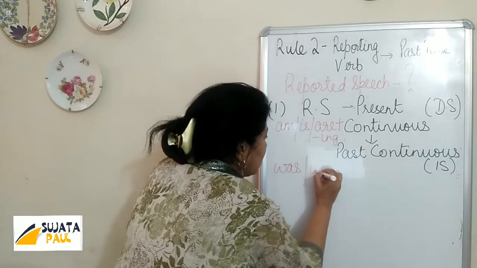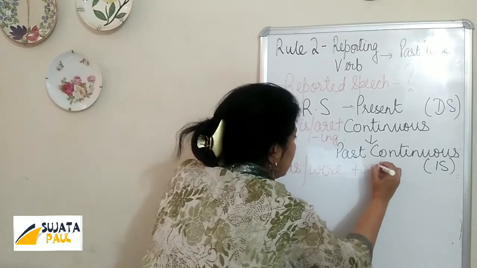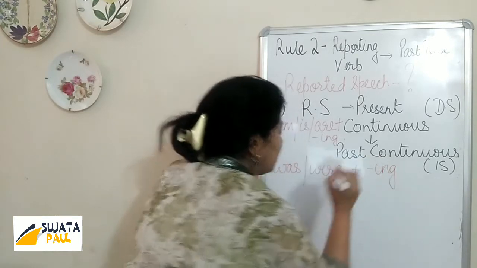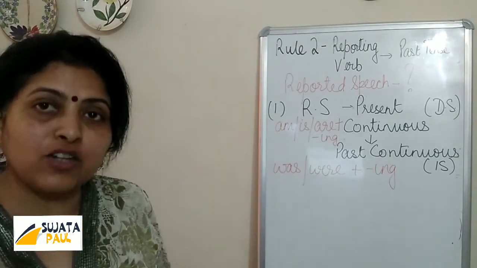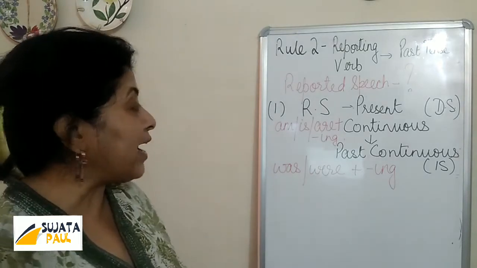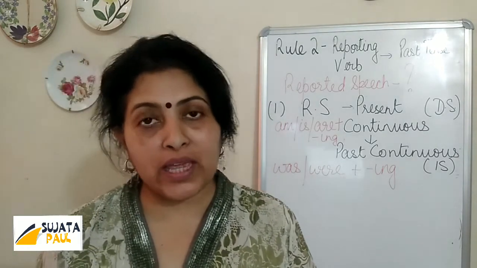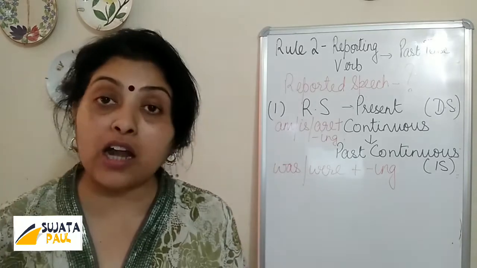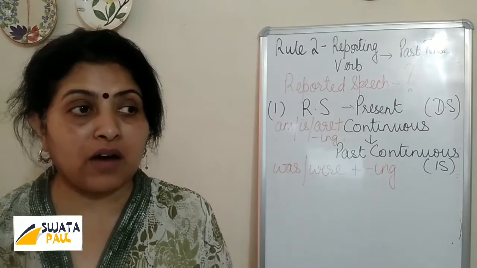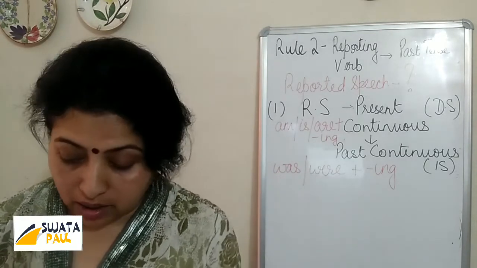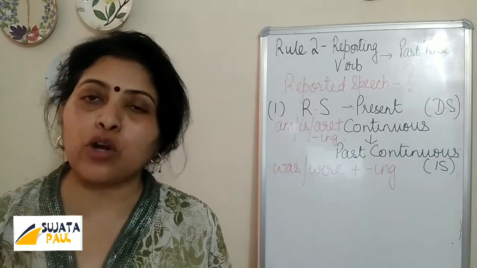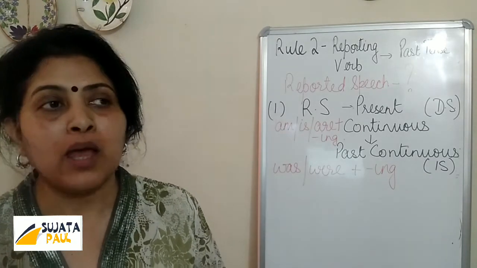Was, were, plus the ing form. So when I talk about this, I am talking about am going, is dancing, are playing, was working, were climbing. So this is what I mean by the ing form.